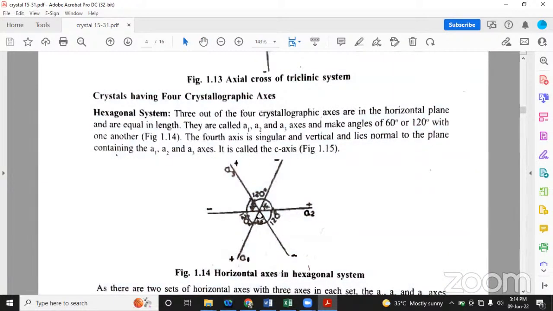But there are four crystallographic axes. For this reason, there is a mutual 60 degrees and an overall 120 degrees angle. It is called the hexagonal system.